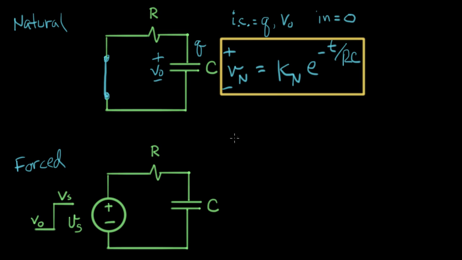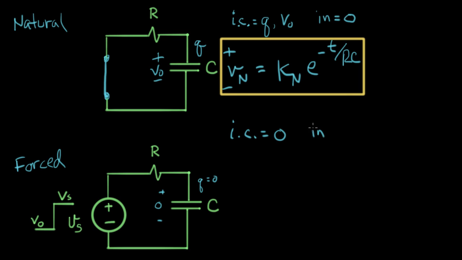Okay, so now let's move on and do the forced response for this circuit. And for the forced response, we remember the initial conditions are set to 0. So that means the Q equals 0 here, and that means that the initial V is 0. I'll just write in 0. So that's what it means to set the initial conditions to 0.